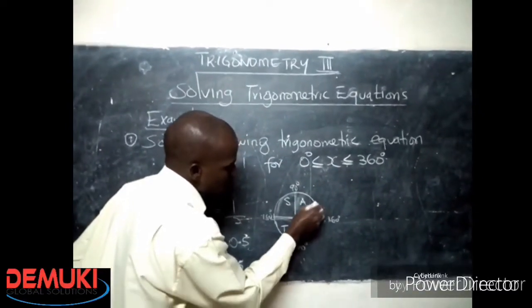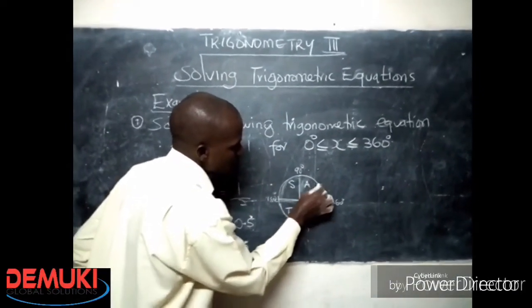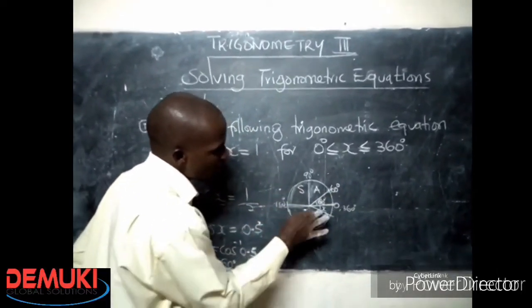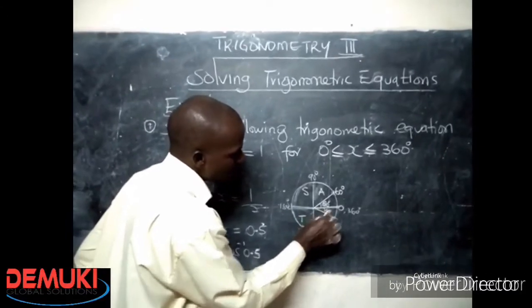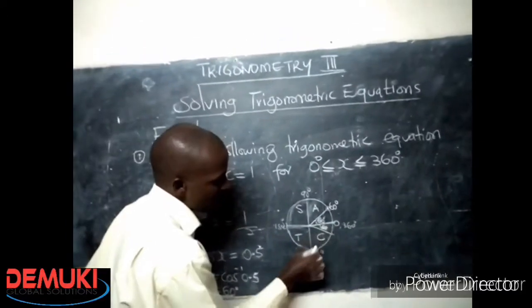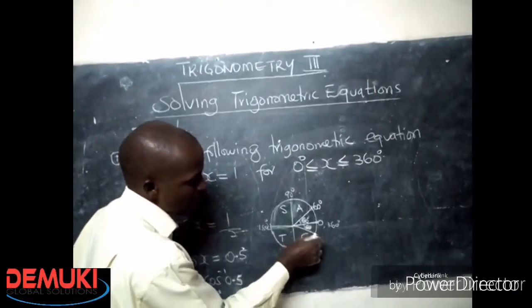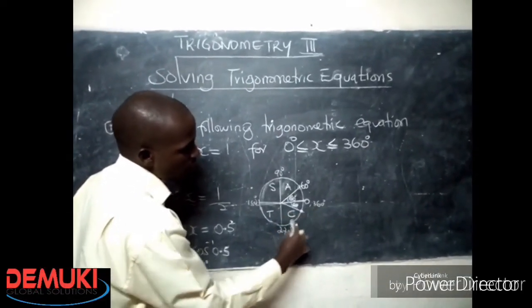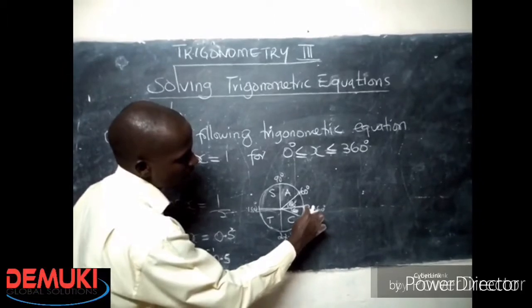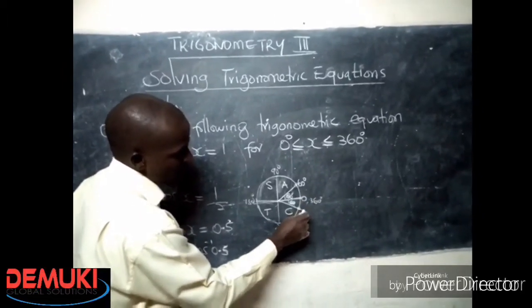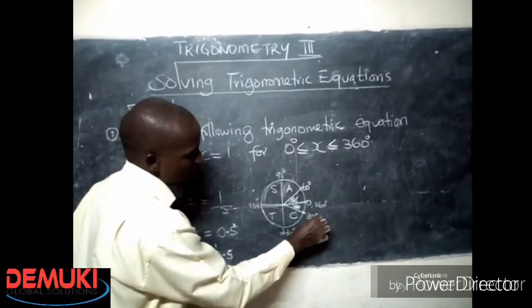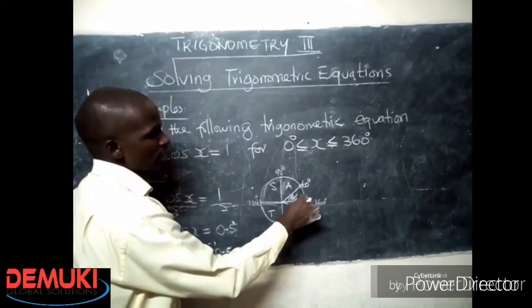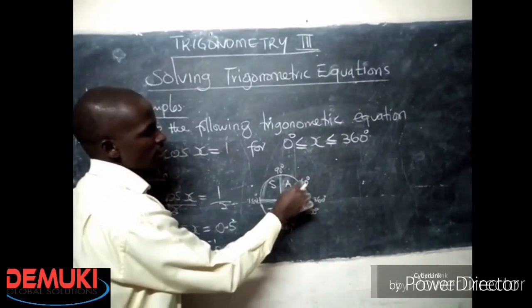If I place 60 degrees here, that will mean that this angle, which is the angle I'm interested in, if all the way to here is 360, then I have to subtract 60, and I get 300 degrees. So this is 300 degrees: 360 minus 60.